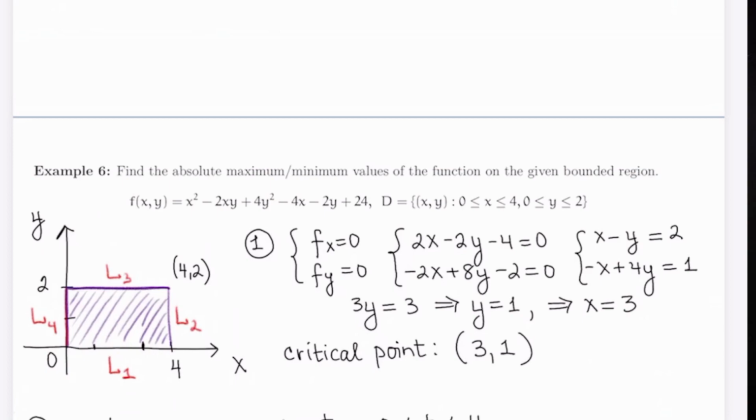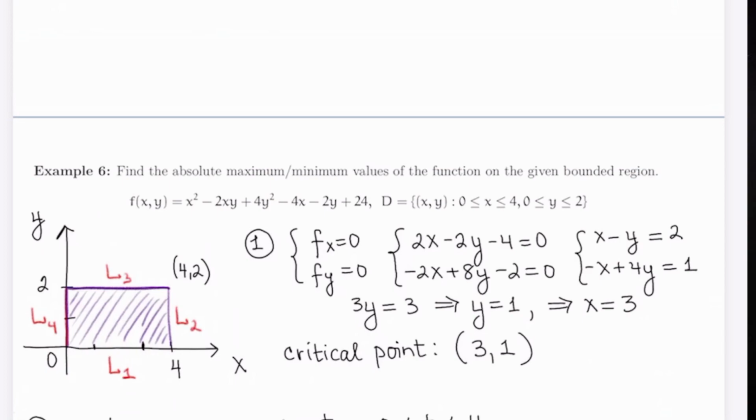And also, in addition to that, we have D that is a rectangle that's not centered at the origin either. So that means for this problem, I will be analyzing the behavior of the function on each one of those sides of the rectangle that I labeled with L1, L2, L3, and L4.